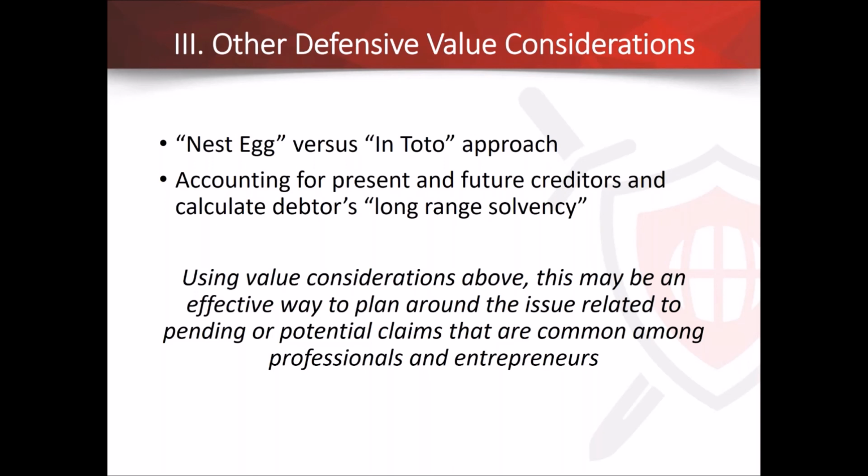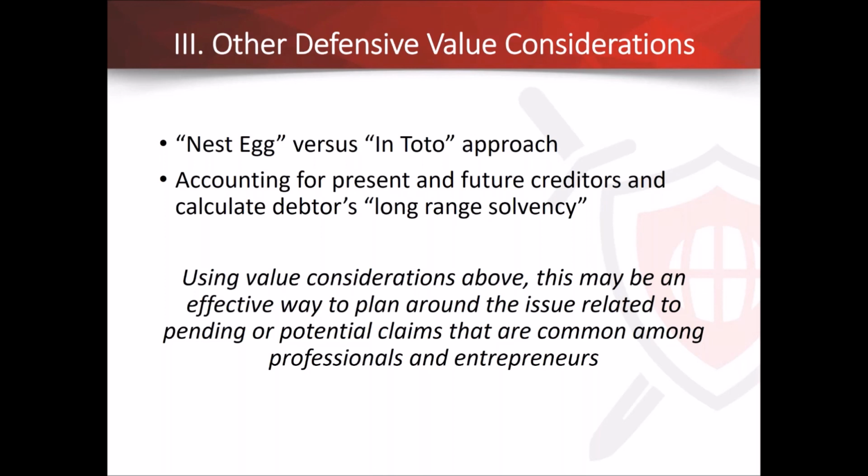So there's this nest egg approach, which basically is an incorporation of what we've been talking about in terms of valuing and exposure. If they have a balance sheet and some of the assets are unclear, maybe they have business interests, they should get that all valued. And if they have a liability that's contingent or disputed, let's get it valued and incorporate that into the balance sheet.